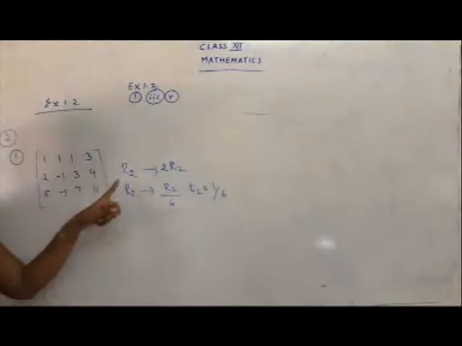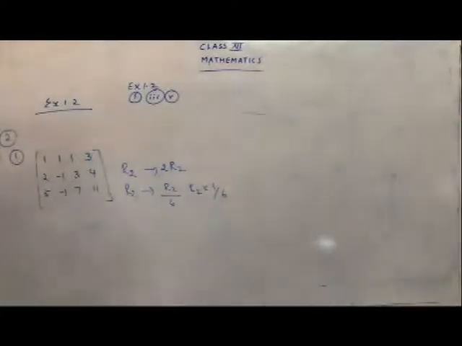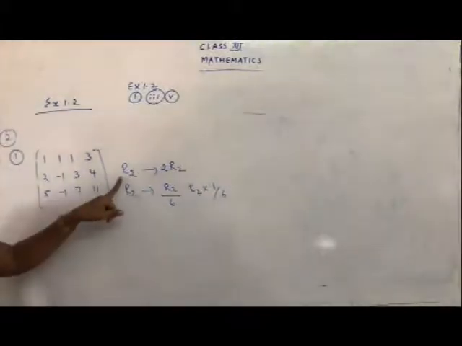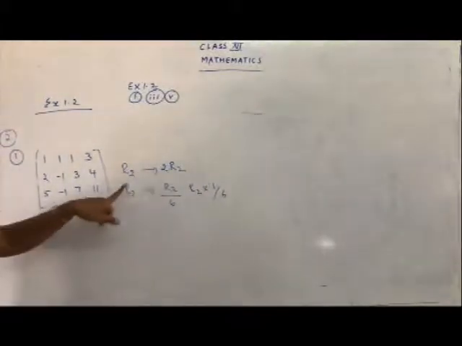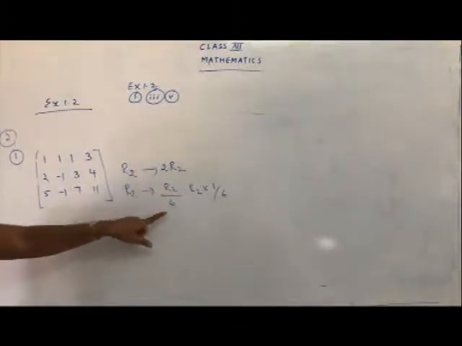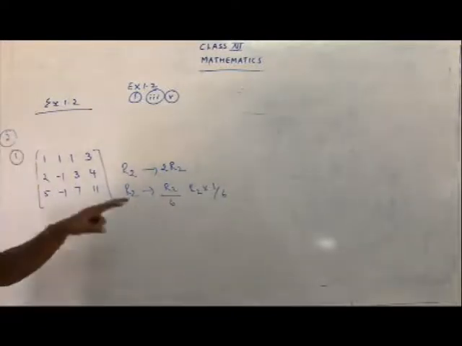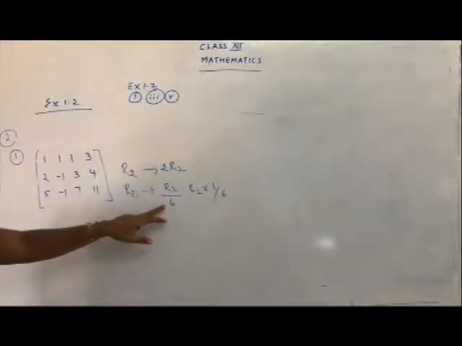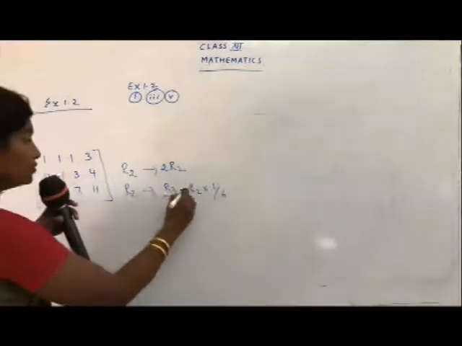So how can you change the rows? It can be multiplied by a non-zero scalar. Like you can change R2 as 2 times R2 or you can change R2 as R2 by 6. Now R2 by 6 you may think is a division, but no, you just think of it in the manner of multiplication. So R2 by 6 can be taken as R2 into 1 by 6.